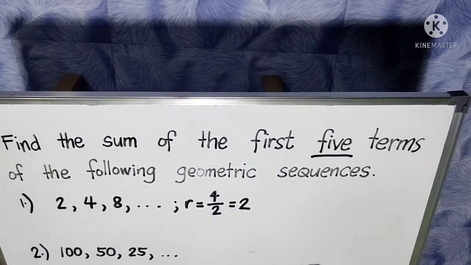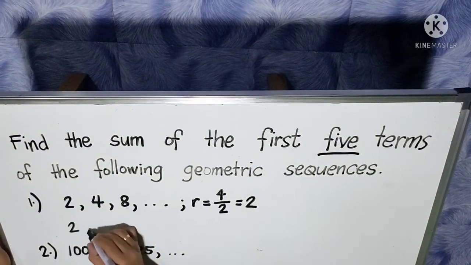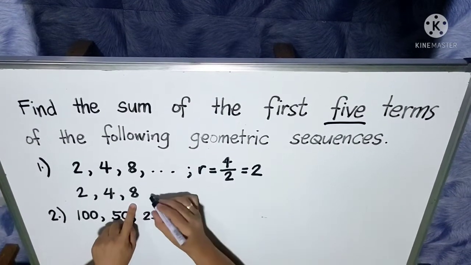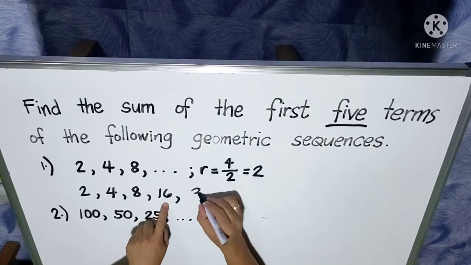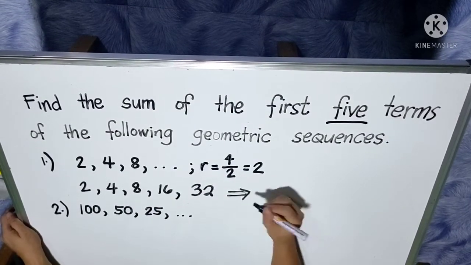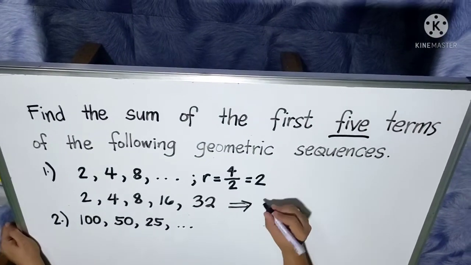Now let us complete the first 5 terms. So 2, copy. 4, then 8. 8 times 2, we have 16. Then 16 times 2 is 32. This time, we will get the sum. So if you say sum, the operation that you will be using is addition.